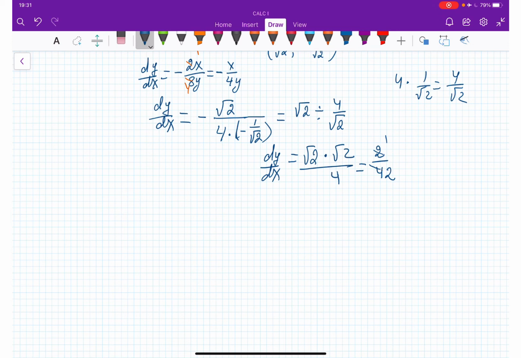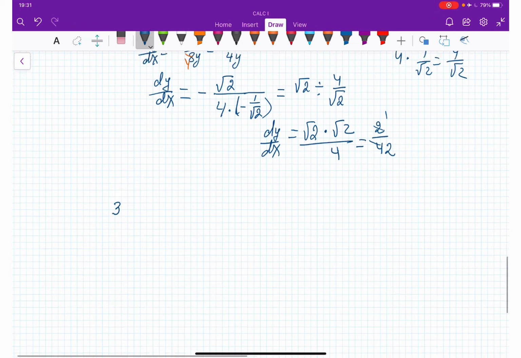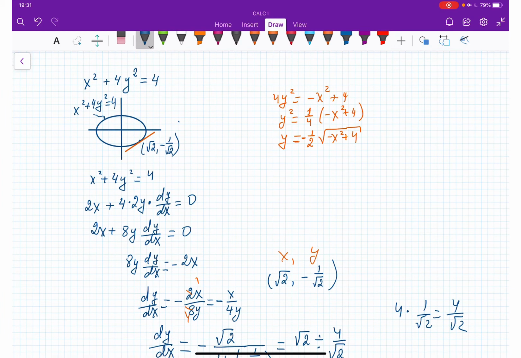Let's find the slope of a graph implicitly. So what is our next function? Actually, this is not even a function, it's a graph. Why is it not a function? Remember from algebra, because if you provide a vertical test line, it's crossing the graph in more than 1 point.